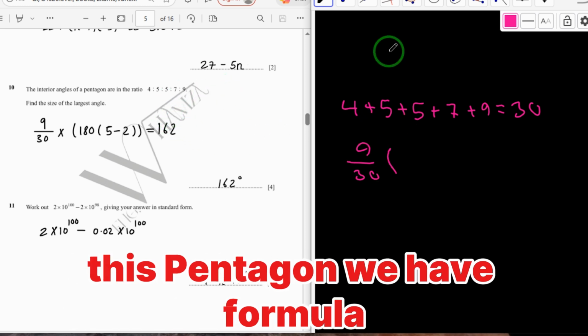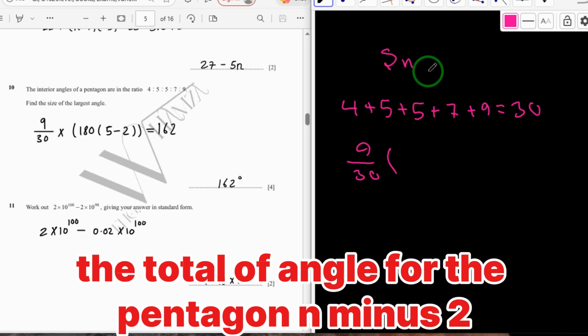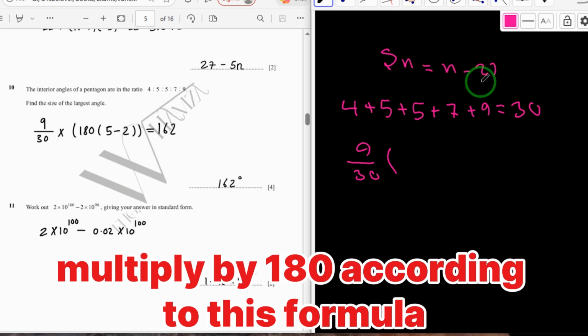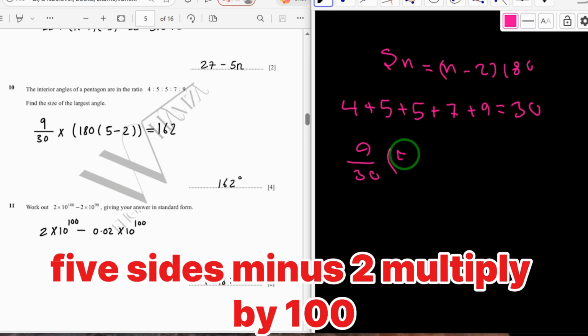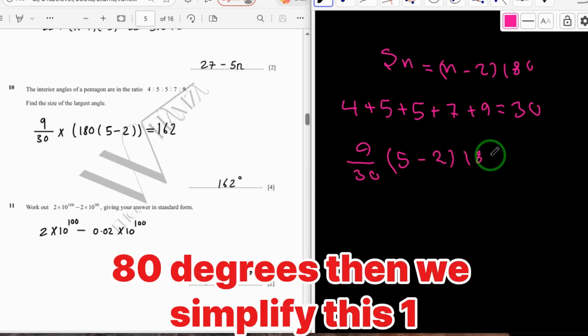We have the formula for the total of angles for the pentagon: n minus 2 multiplied by 180. According to this formula, n is 5 because a pentagon has 5 sides, minus 2, multiplied by 180 degrees.